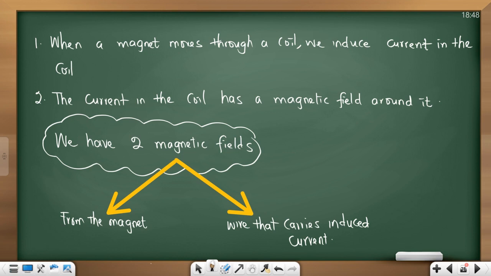So now we have a coil and there's no current. When we move the magnet through the coil, we create current, and current will have a magnetic field. Hence, we have 2 magnetic fields. 1, the magnetic field of the magnet itself. Number 2, the magnetic field around the wire that carries current. Please talk to me quickly. Is this slide okay with you?